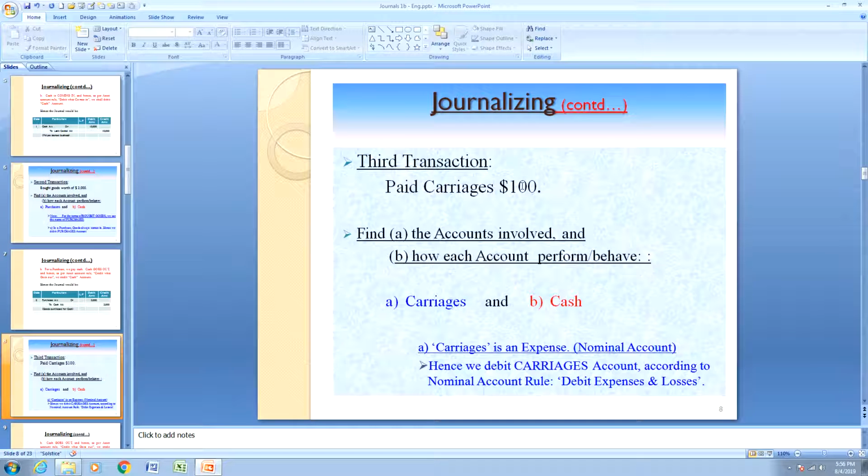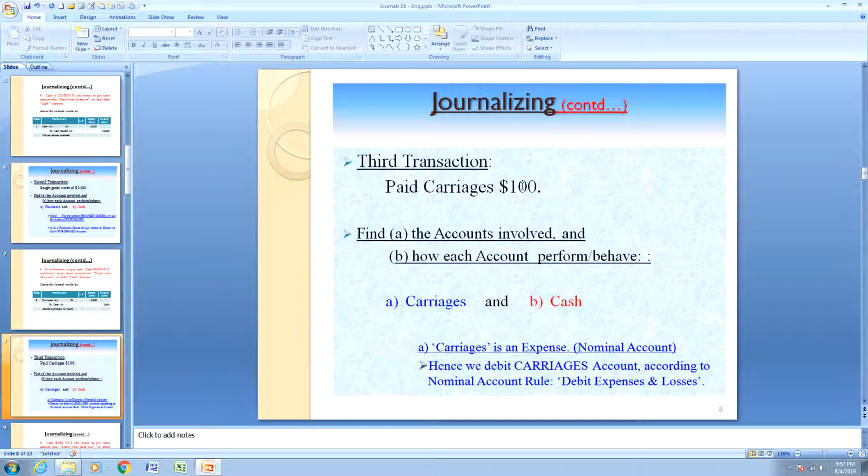Next transaction is paid carriages $100. The accounts are carriages and cash. Carriages is an expense. Say we paid for bringing the goods to our premises.